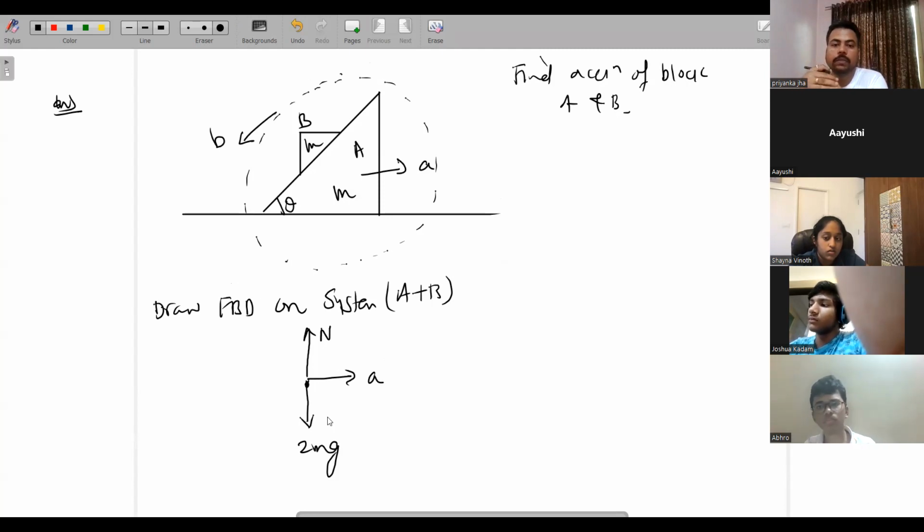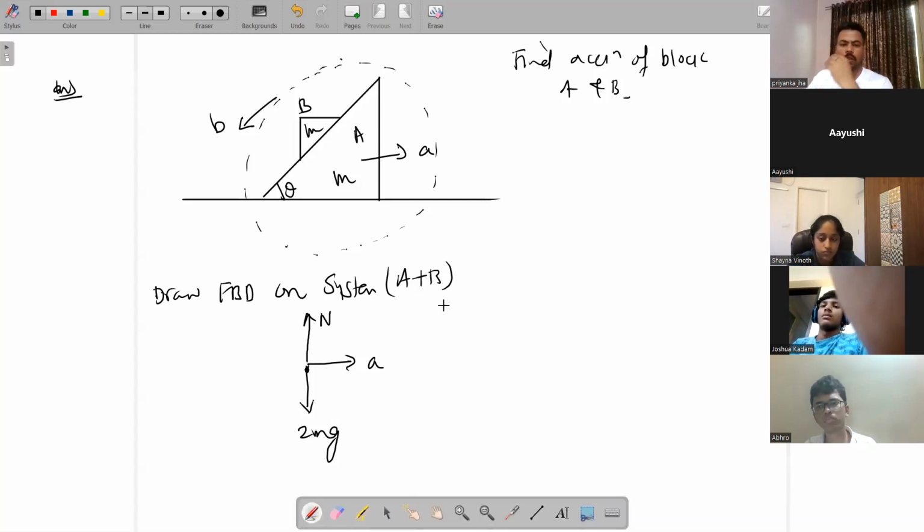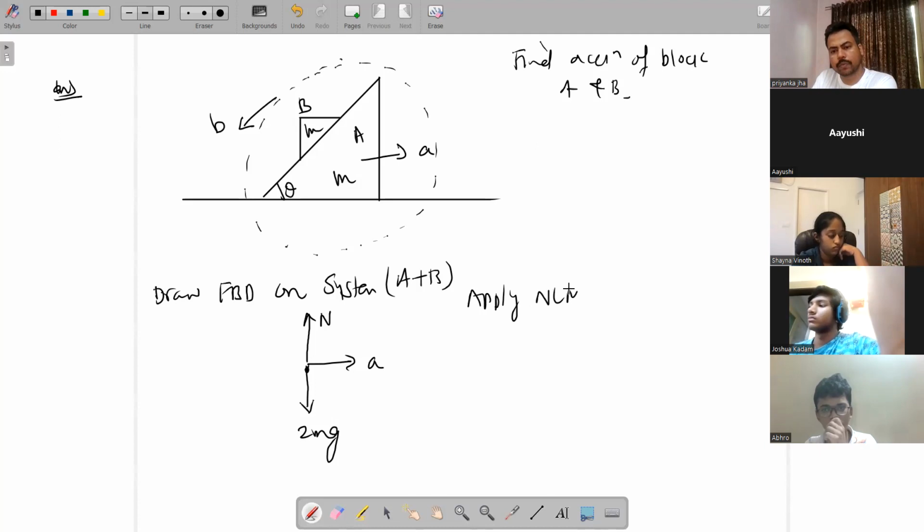Wait. Now you can see that we just apply Newton's law of motion on the system in the horizontal direction.